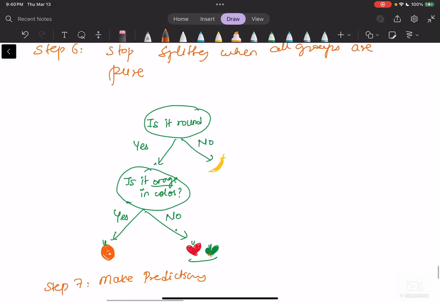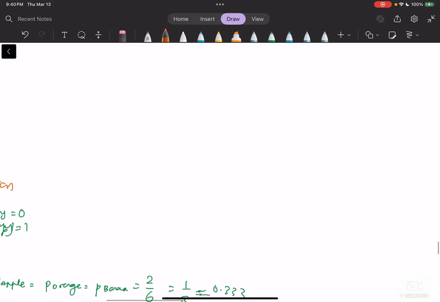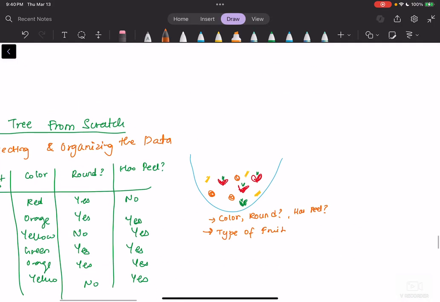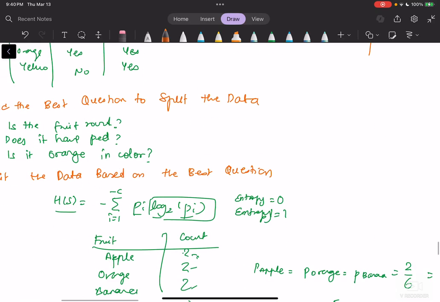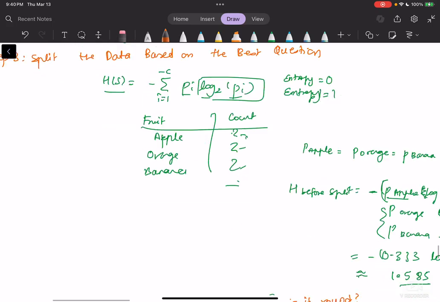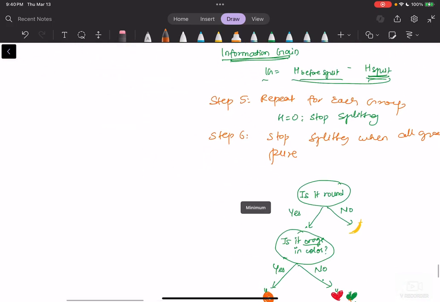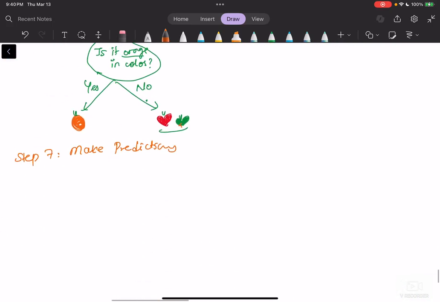So prediction means that fruit is no longer from this basket. I am bringing a fruit from a different basket, and then I'm trying to predict, right? That's the last step, making prediction.